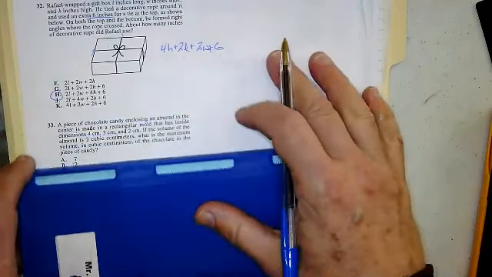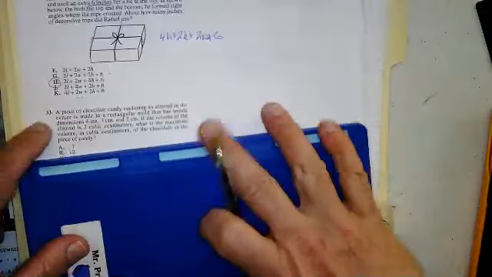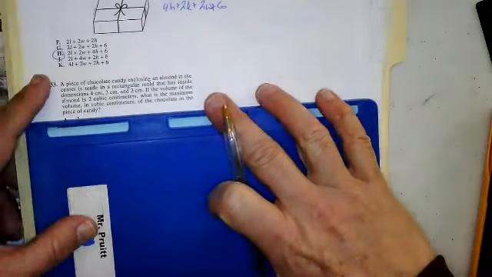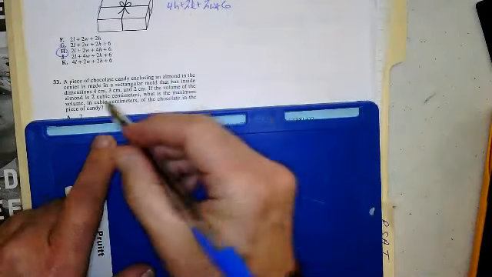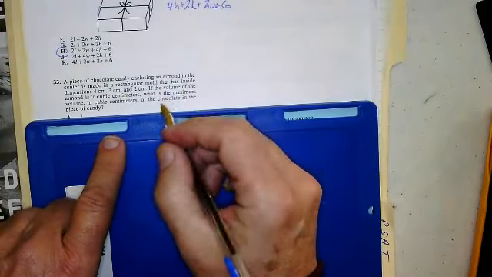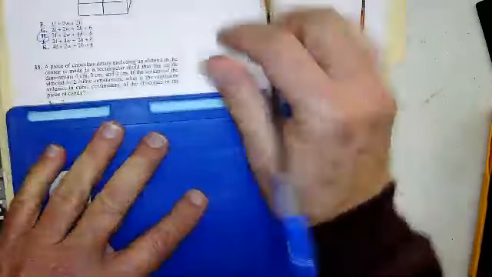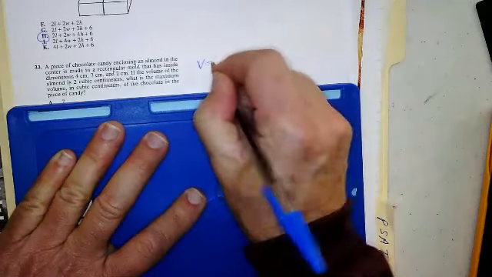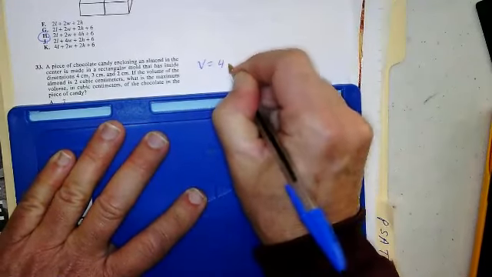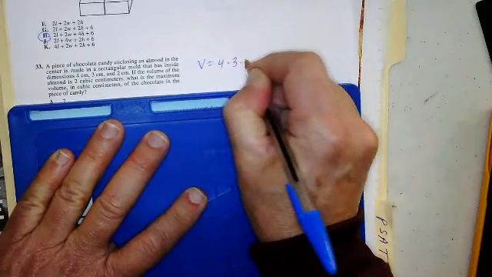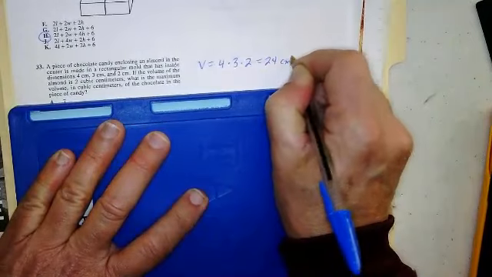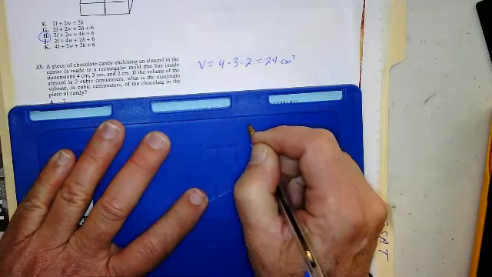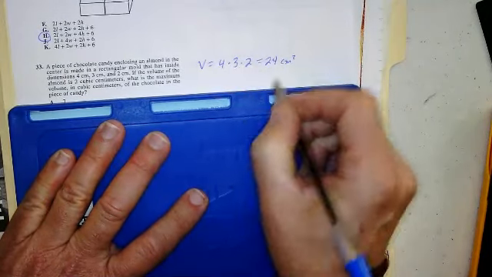Okay. All right, then on question 33, we have a piece of chocolate candy enclosing an almond, and it tells us that the rectangular mold is 4 by 3 by 2. So the volume of the mold is 4 times 3 times 2, which is 24 cubic centimeters, because that's 12 times 2 is 24.